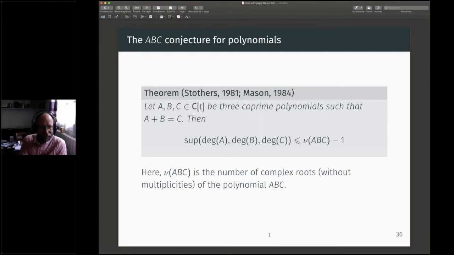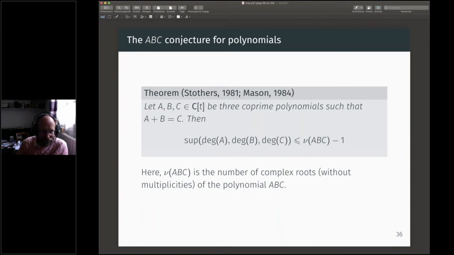One nice remark about the ABC conjecture is that it can be solved for polynomials, but maybe I will skip. Let me check. I think I can try to say. So for polynomials, if you take an equation of the form a plus b is c, where a, b, c are polynomials without common factors, and coefficients can be complex numbers, then there are objects in number theory which are analogs of the radical and the supremum.